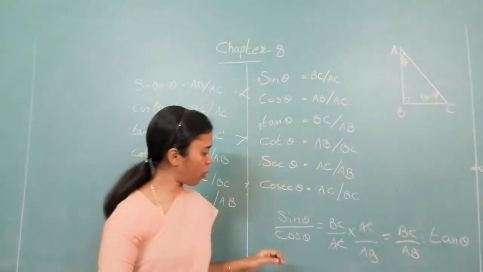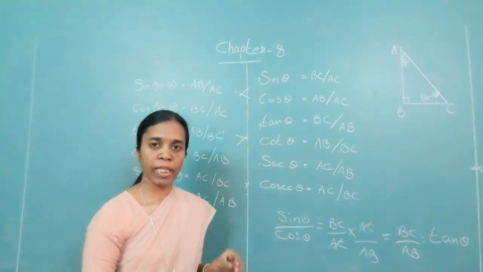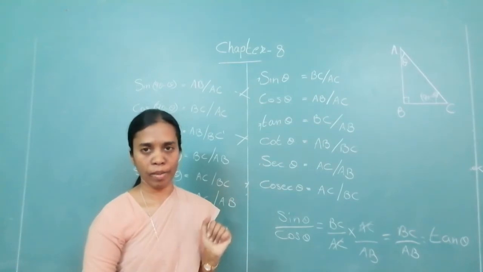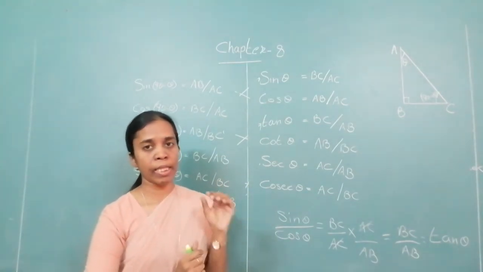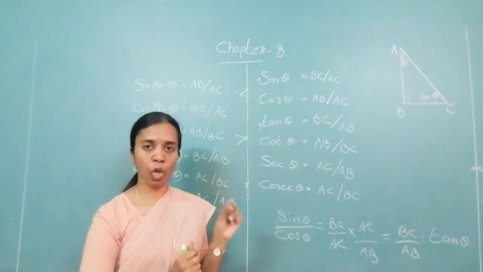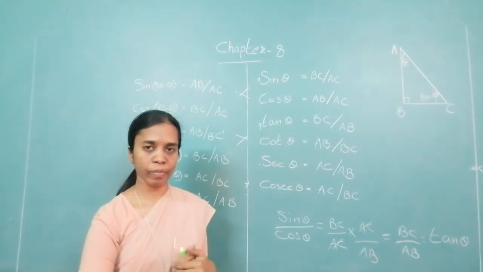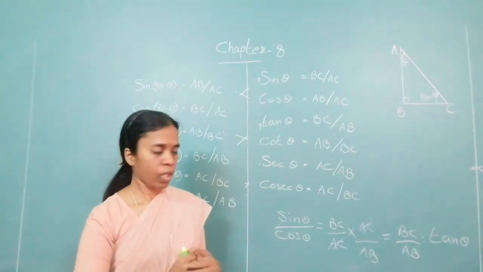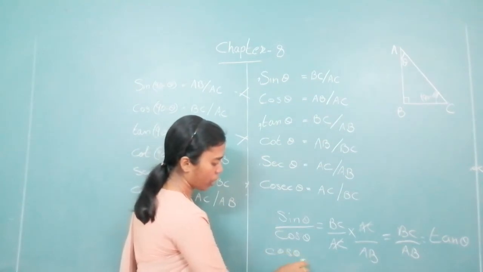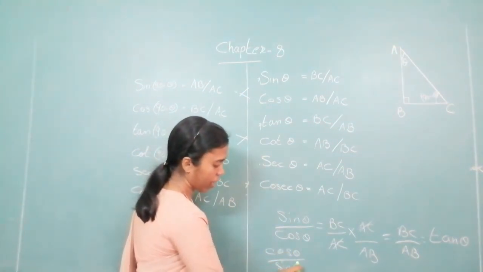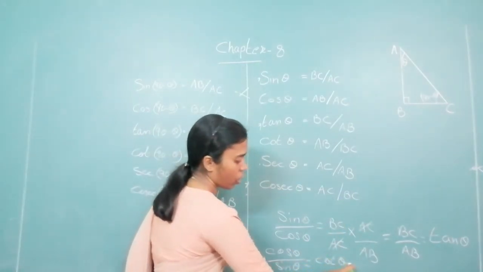This is another formula. Sin theta upon cos theta is equal to tan theta. Please write it in the formula section. You will learn it by heart. Sin theta upon cos theta is equal to tan theta. Inverse of it, that is cos theta upon sin theta, is equal to cot theta.